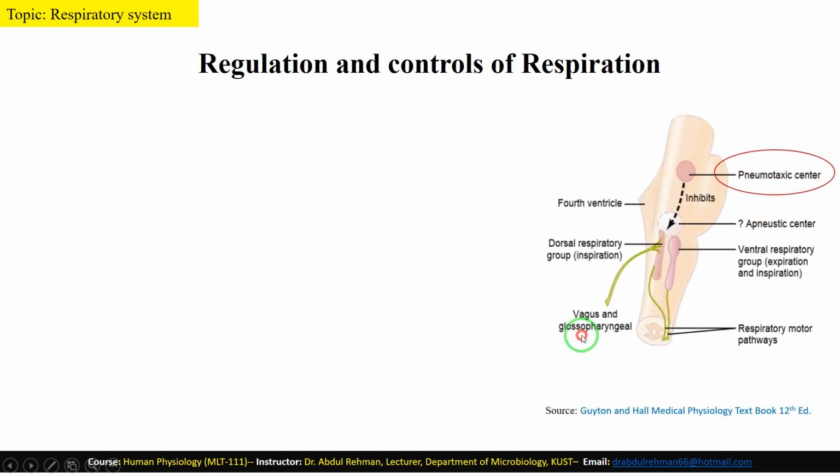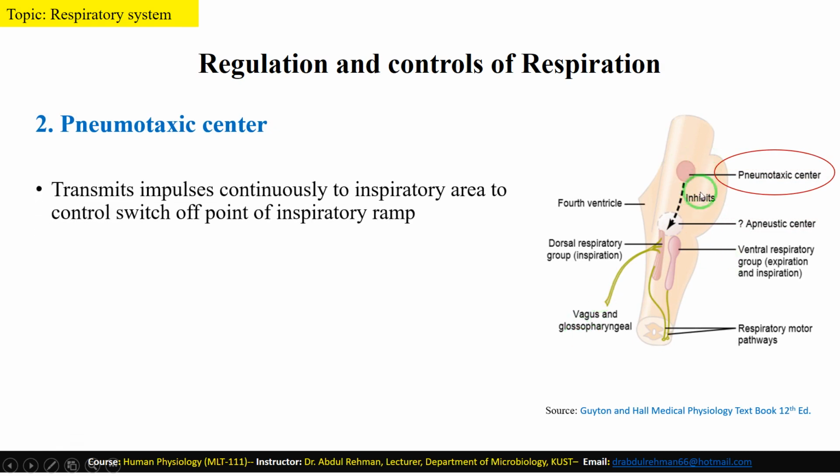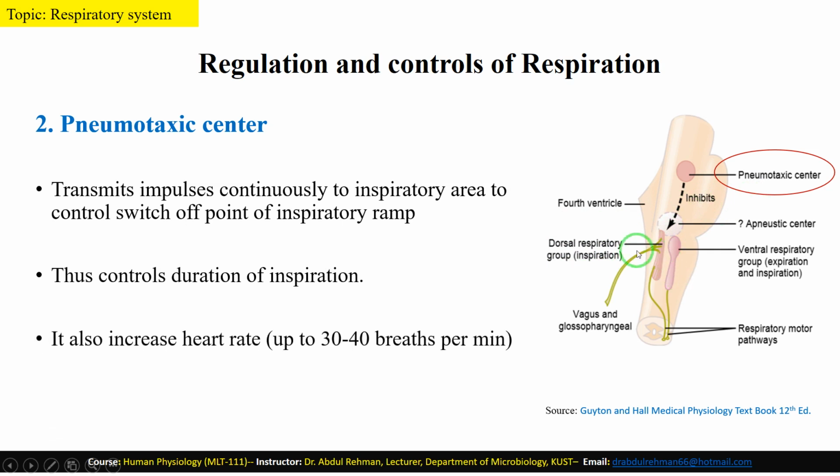Pneumotaxic center. It is a small part located in the top of the respiratory center, and it initiates inhibitory signals to stop the initiation of ramp signals. It usually controls the depth of respiration and also increases the respiratory rate to about 30 to 40 breaths per minute.